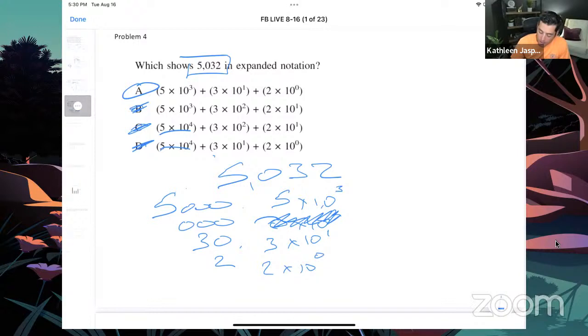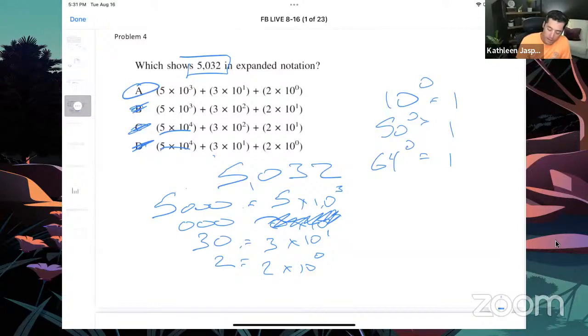Because anything to the 0 power, whether it's 10 to the 0 power, 50 to the 0 power, 64 to the 0 power, they all equal 1. So essentially it's 2 times 1, which is equal to 2. These are all equal to each other. This is what we refer to as expanded notation. So A is the correct answer there. More importantly, understand your exponent rules.